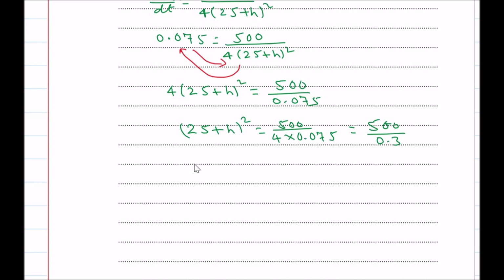So 25 plus h is now equal to root under 500 by 0.3. So that is equal to 25 plus h equal to, we get 40.825.